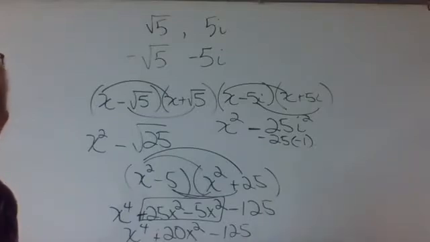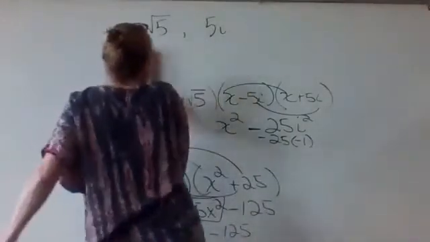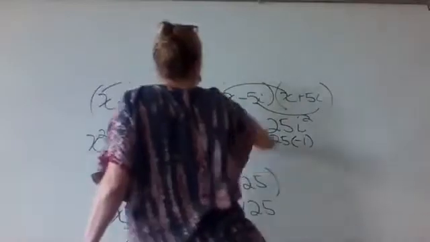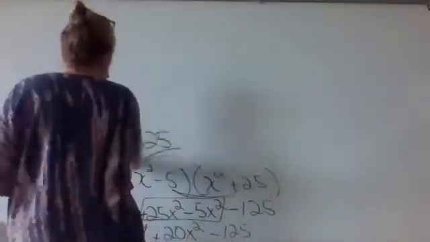Number 14. f of x equals x to the 3rd plus 2x squared minus 3x minus 6. It gives me one of the zeros of the function and asks me to find the others.